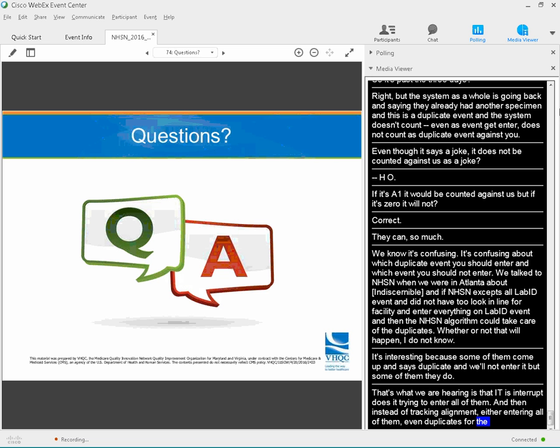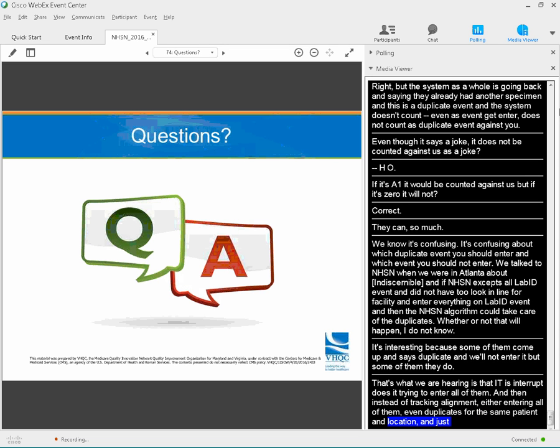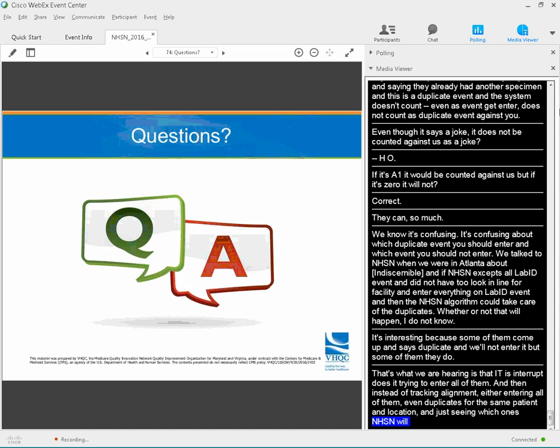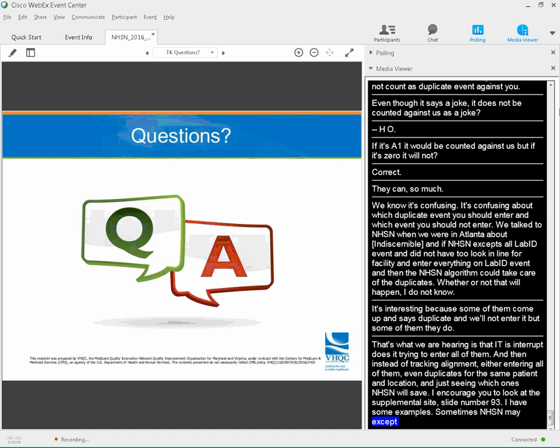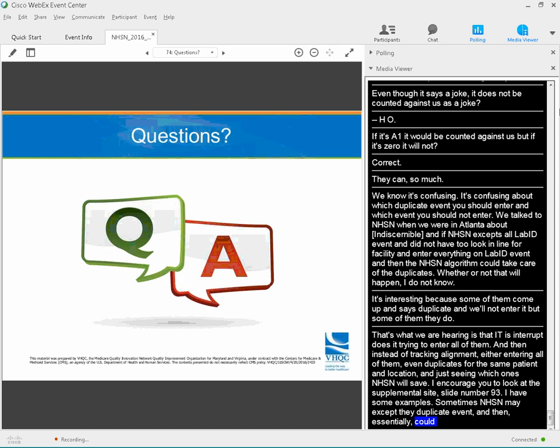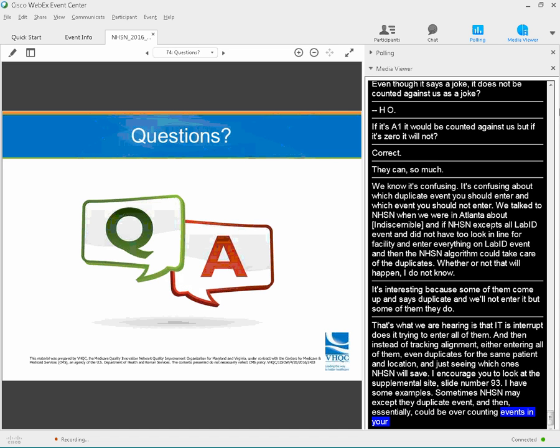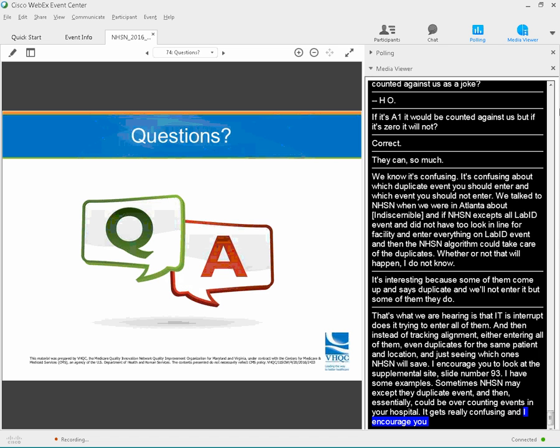But I would encourage you to look at the supplemental slide, which is slide 93, and that has some examples. Sometimes NHSN might accept this duplicate event, and then essentially you could be overcounting events in your hospital. It gets really confusing, and I definitely agree that it's confusing, and I hope that NHSN will address it on a system-wide level. Great. Well, thank you.